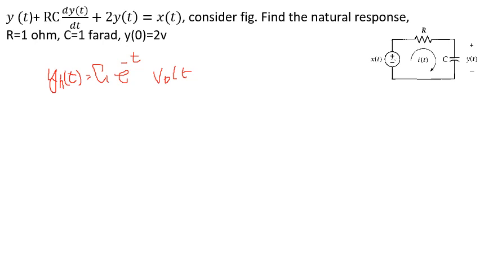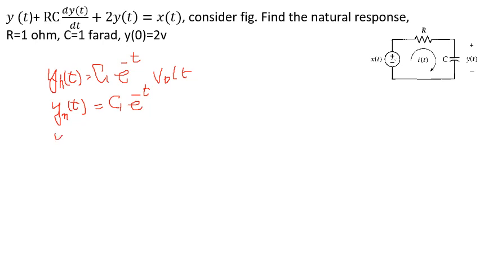Now replacing the value for the initial condition, you know that we represent the natural response by y of n. So this y n t means the natural response of the system, and this can be found by replacing values in the homogeneous solution, because we have already done this.